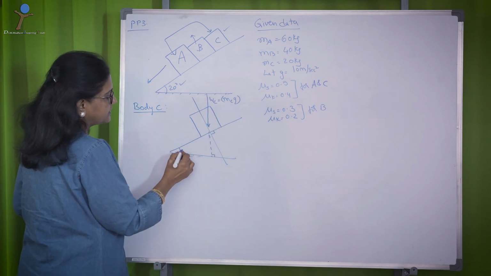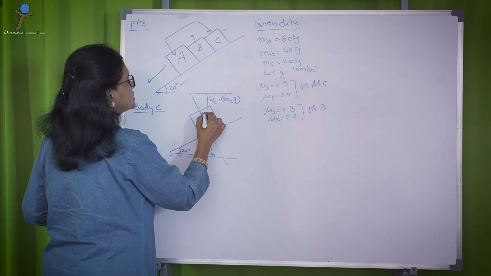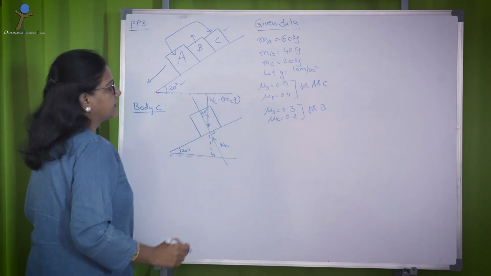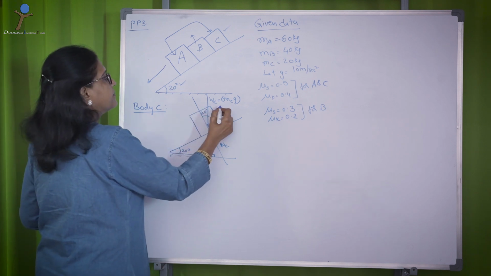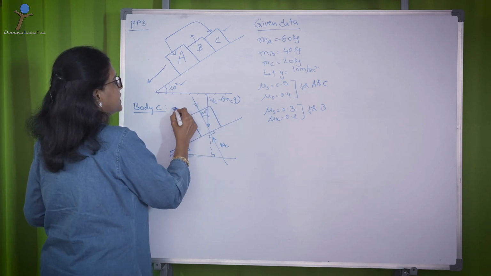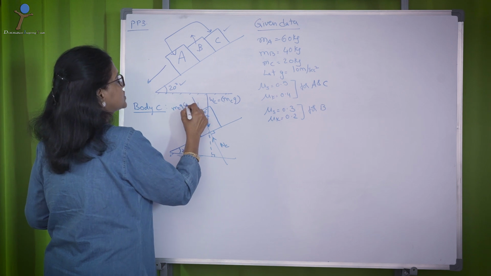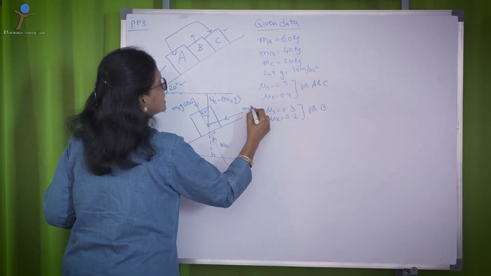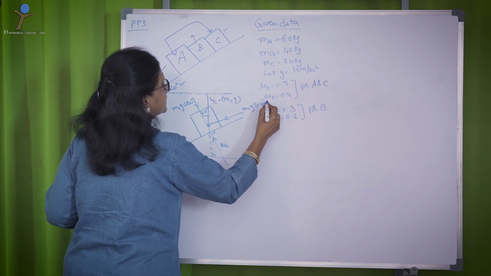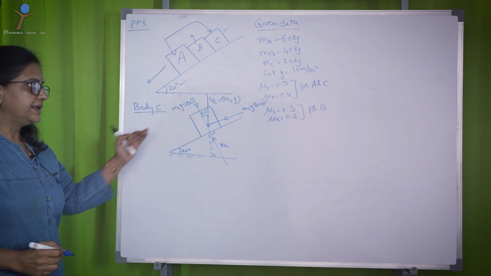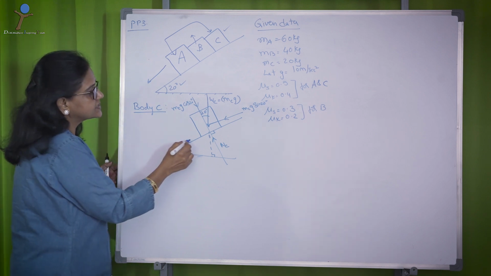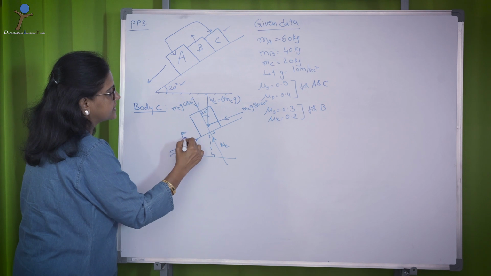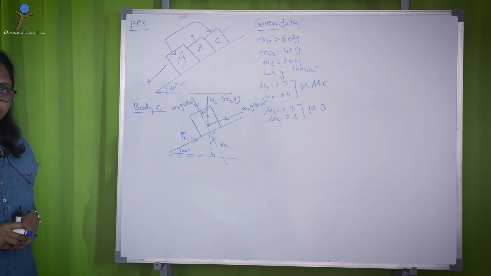If this is 20 degrees, so this is 20 degrees and this is NC. You resolve this weight into two components, MCg cos 20 and MCg sin 20. Now, let us assume that it is sliding down, then the frictional resistance will be in the upward direction, calling it FC.